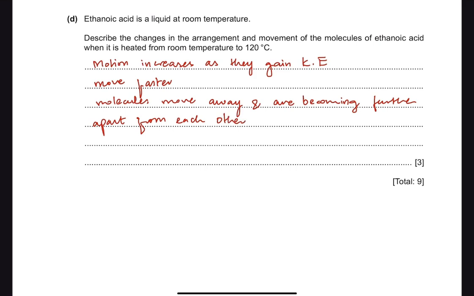This is how their spacing is changed. And now they were liquid, so they were arranged randomly, but now they are arranged even more randomly. So the arrangement changes to an even more irregular arrangement. This is how you would explain their arrangement and their motion.